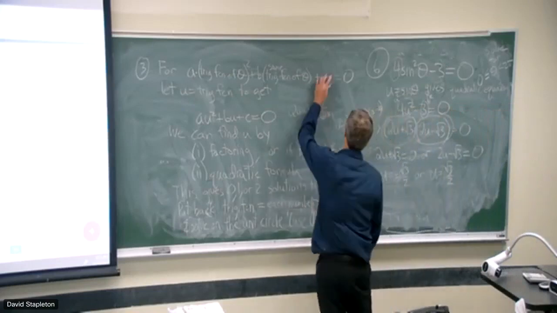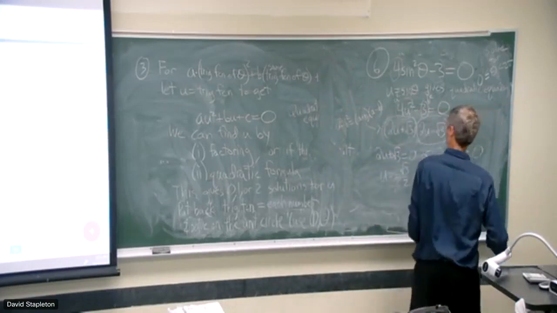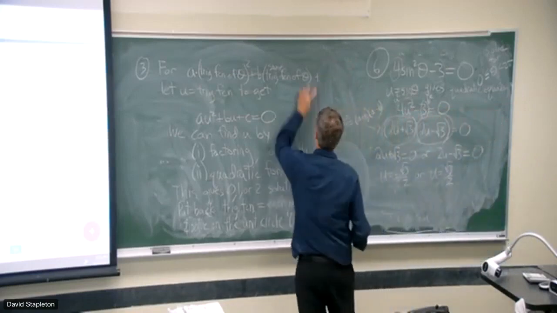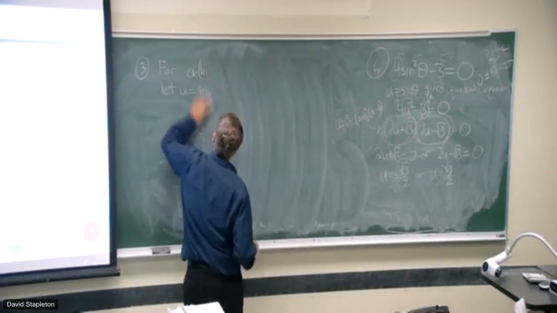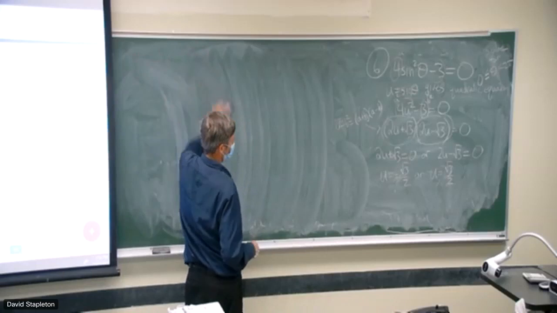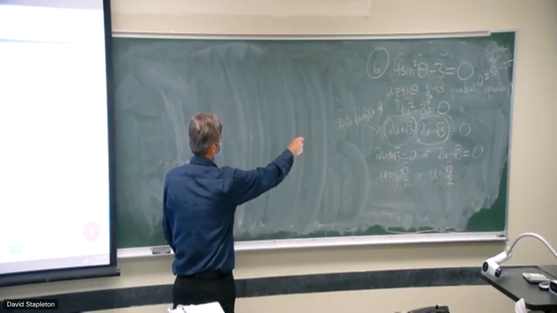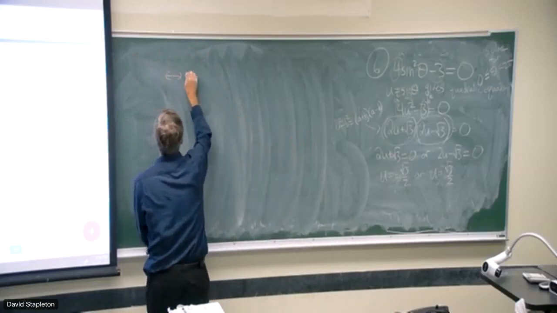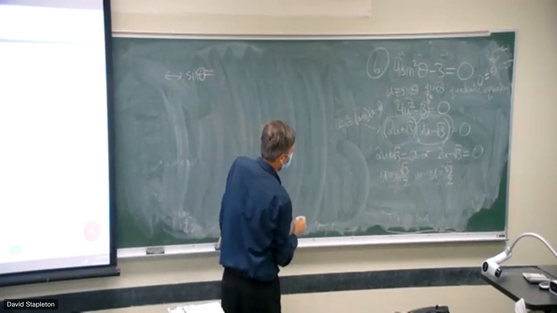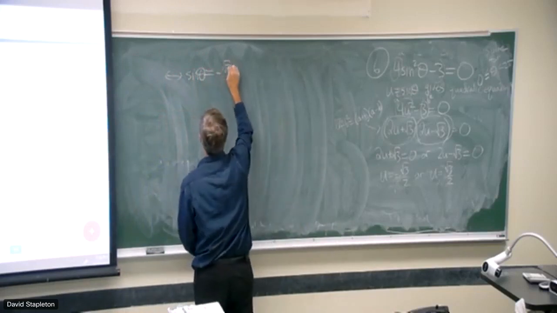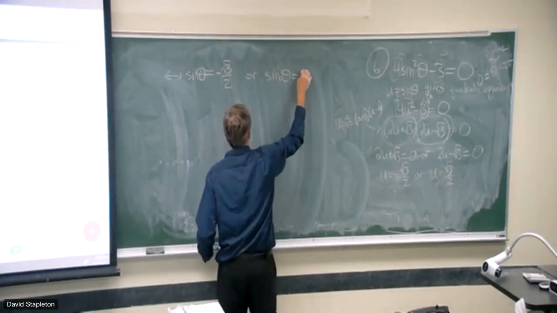But I'm not done because u was the dummy variable that I introduced. So I'll put that now. u was sine theta, so I'll write equivalently, this is sine theta equals minus square root of 3 over 2, or sine theta equals plus square root of 3 over 2.